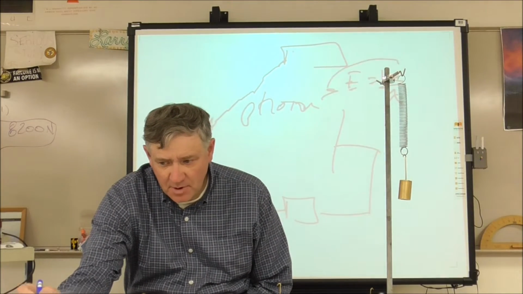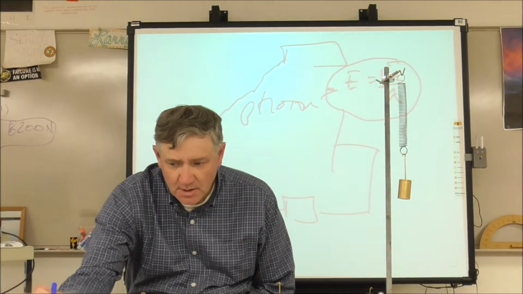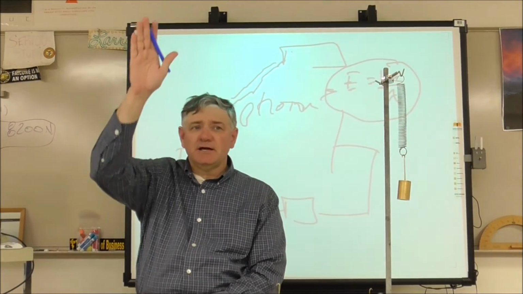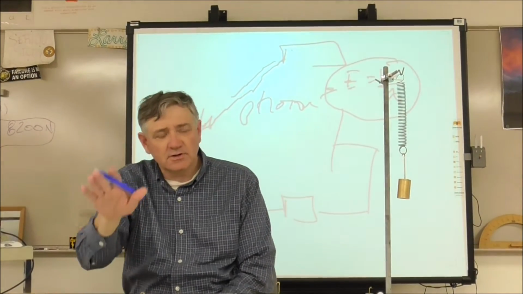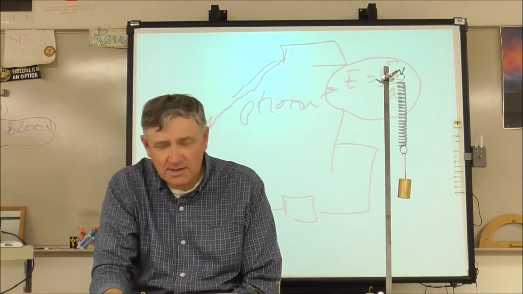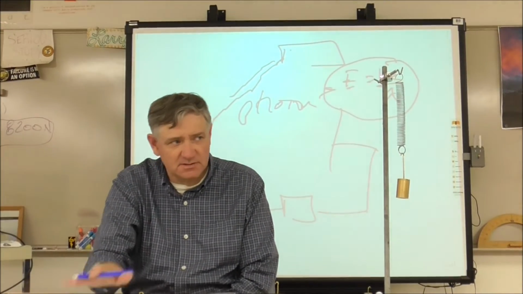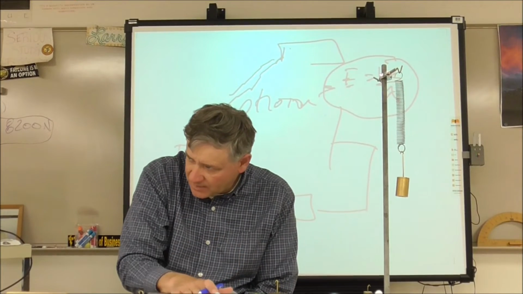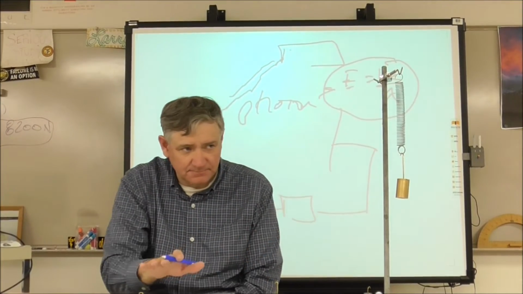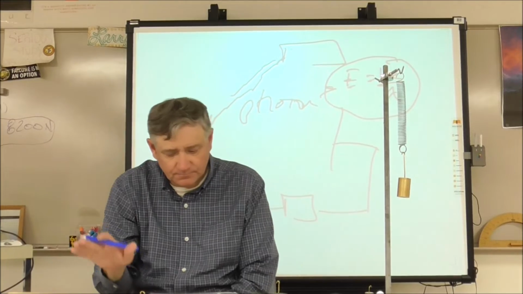So this part controls the energy. Your intensity does not alter the energy, okay? Your intensity is solely the number of photons that are striking the cathode, okay? That's it. All you're doing.